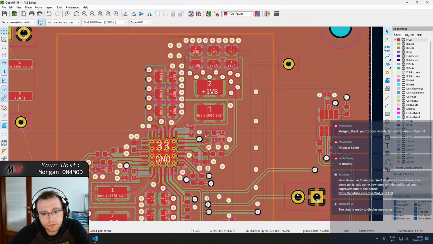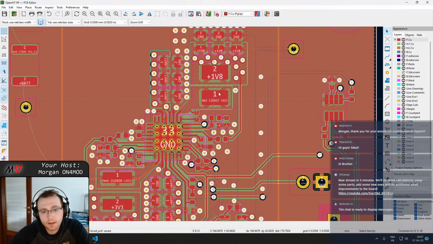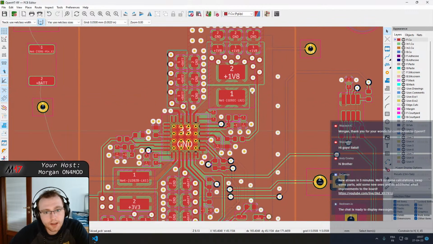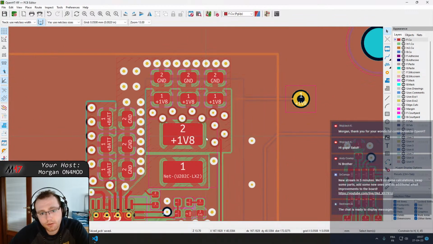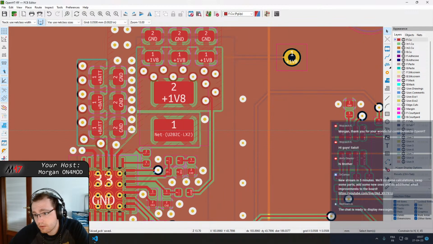Okay, so new inductor is in place. Now what's left is maybe, yeah, no, okay, the vias are not a problem.